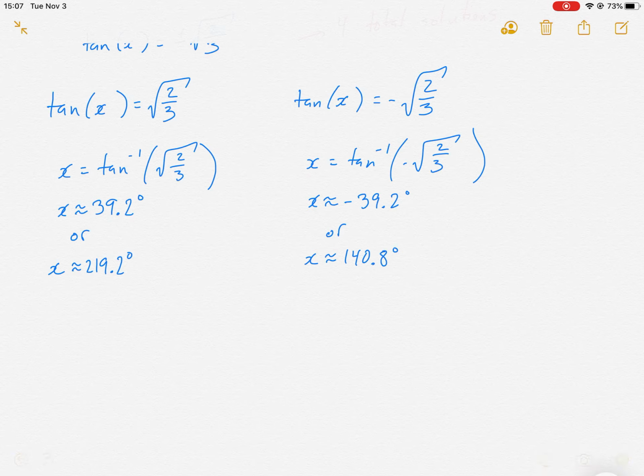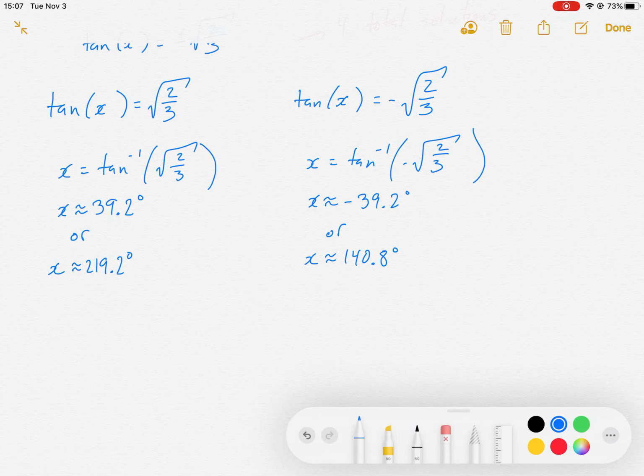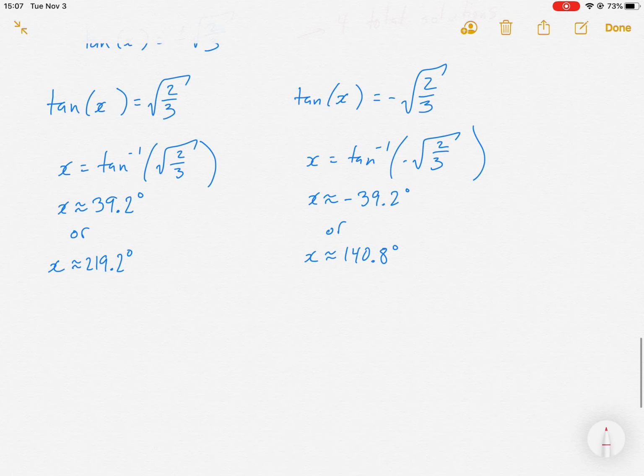But since that's negative 39.2, I'm actually going to add 360 to that right away. And so I end up with 320.8.